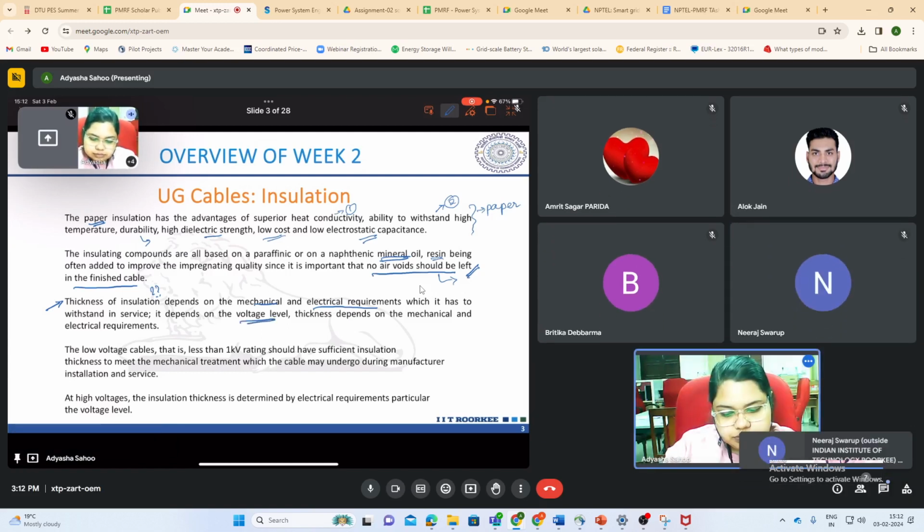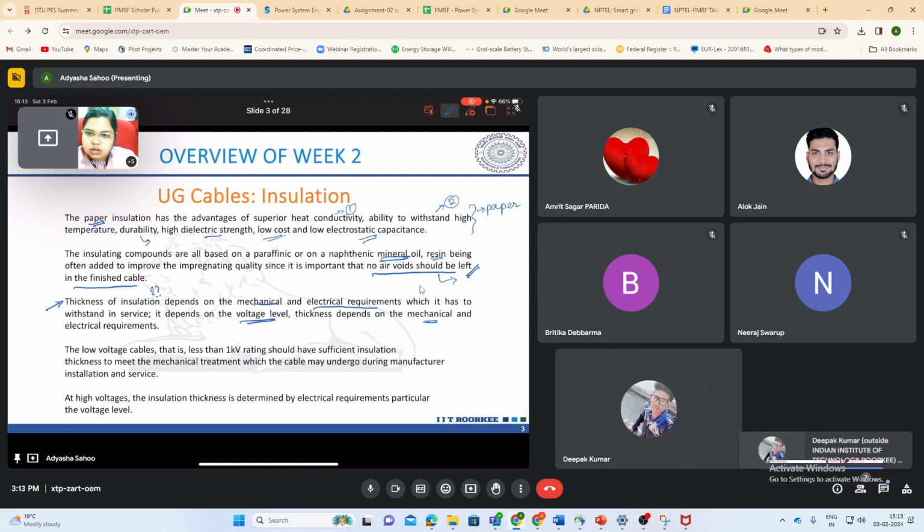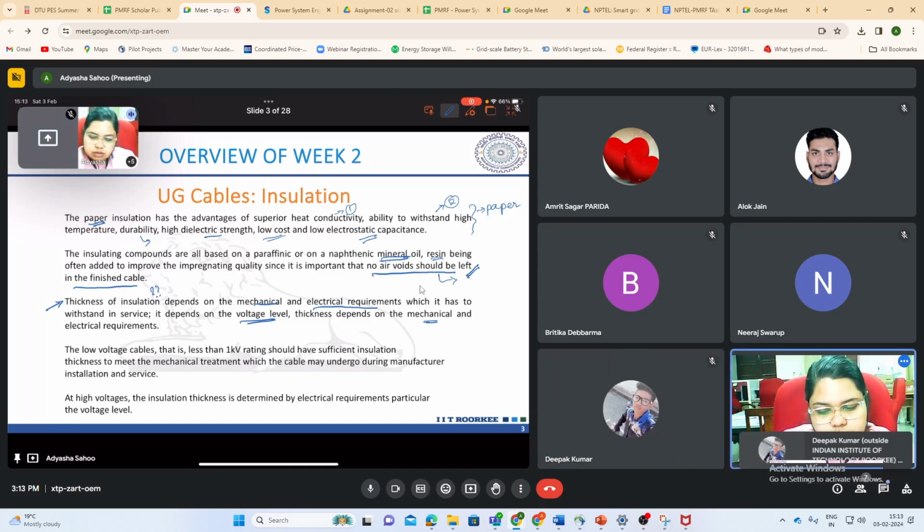For the lower voltage cable, we consider the mechanical requirement, whereas for the higher voltage cable, we consider the electrical requirement while deciding the insulation. So here, as it is written, for the low voltage cable, less than 1 kV, the insulation is decided on the basis of the mechanical requirement, and for the higher voltage level, the thickness is governed mainly by the electrical requirements.